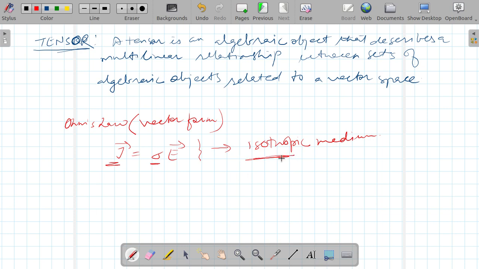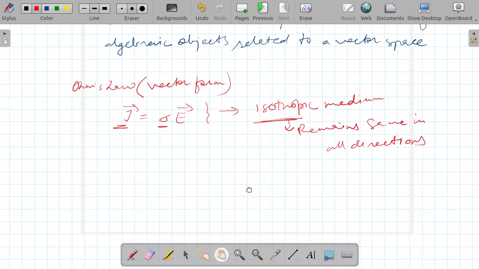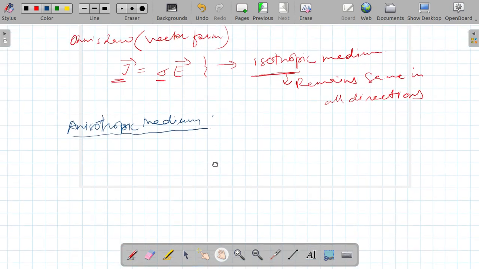Isotropic means a medium whose properties remain the same in all directions.